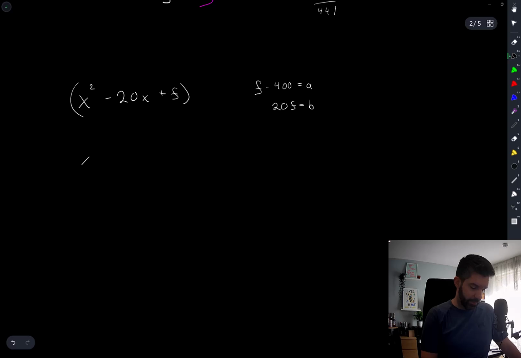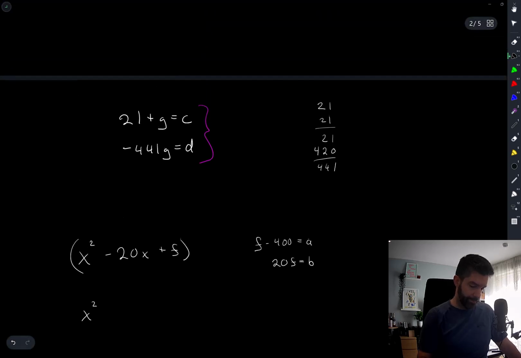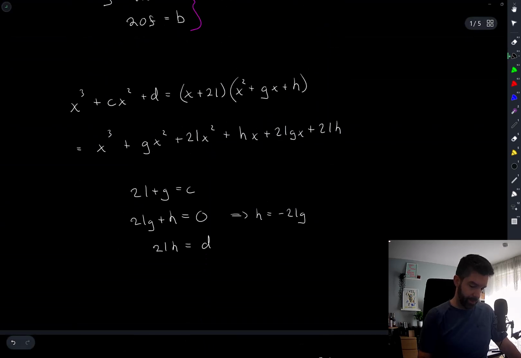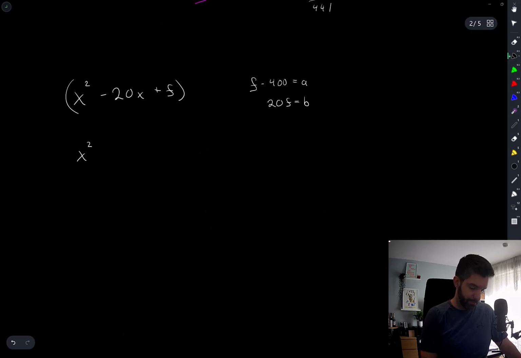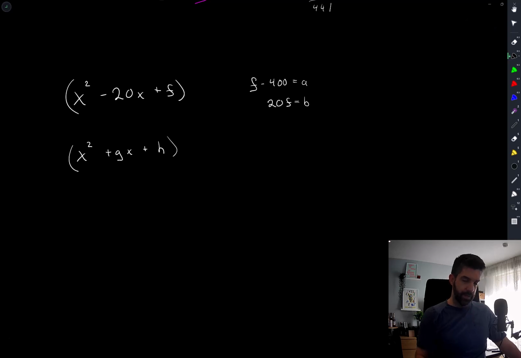And I also have x squared plus gx plus h. So if they share a complex root, if they share one complex root and everything is real, they have to share both complex roots.